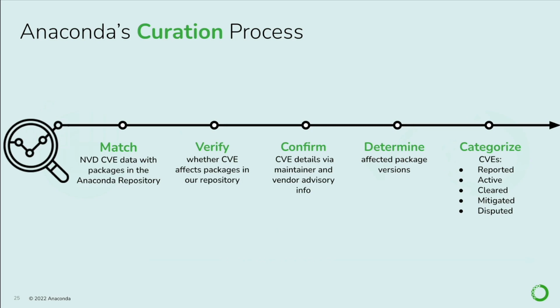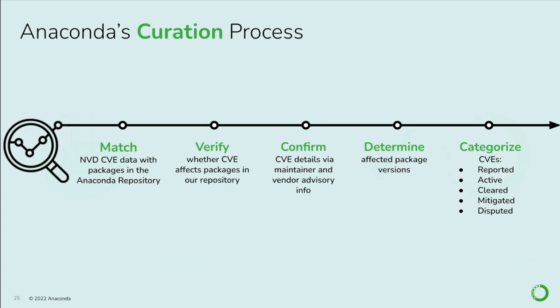Based on that, that's where the flags or labels I mentioned come into play in the categorize stage, where these CVEs are labeled. Reported means this is simply still being reported. This is the raw data, perhaps still being curated, or fresh off the press. Then there's the clarity of active, cleared, mitigated, and disputed.